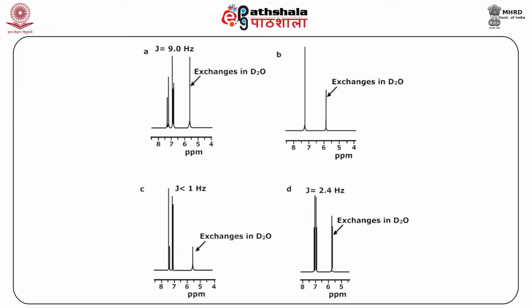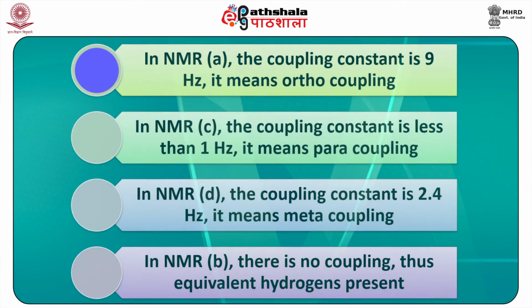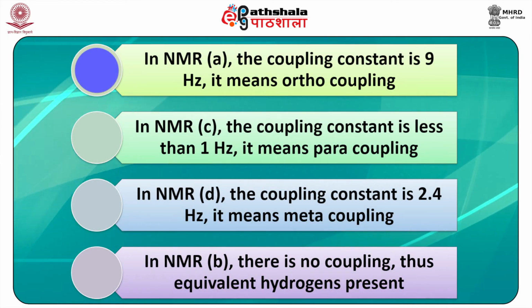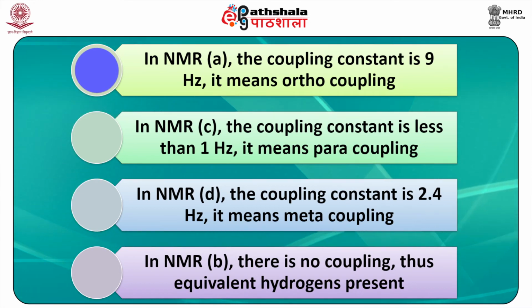The third shows a coupling constant of 1 Hz. And in example D, the spectrum shows a coupling constant of 2.4 Hz. An exchange in deuterium oxide is for the phenolic hydroxyl group present in all the molecules. In the NMR spectrum of compound A, the coupling constant is 9 Hz. It means it is an ortho coupling.